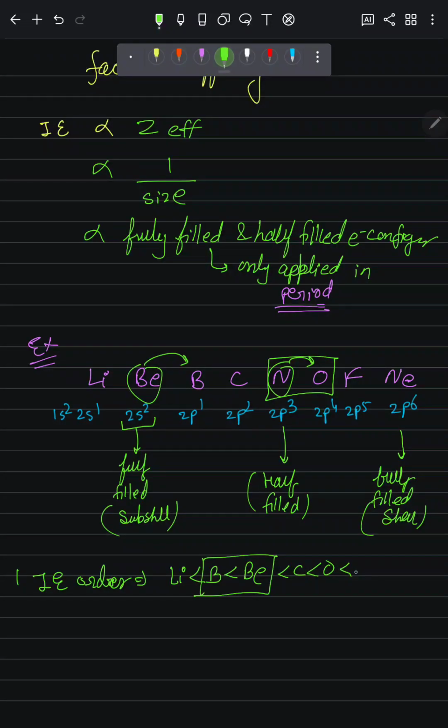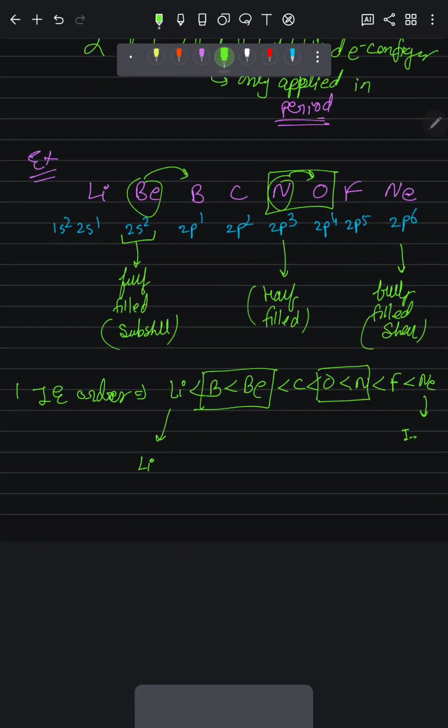So oxygen, and then nitrogen, and then fluorine, and in the last neon, which has the highest ionization energy, which means when removing the outermost electron, the highest amount of energy is required from neon, and the least amount of energy is required for lithium. That is why lithium will easily form a positive charge and donate its electron, and it is a metal.